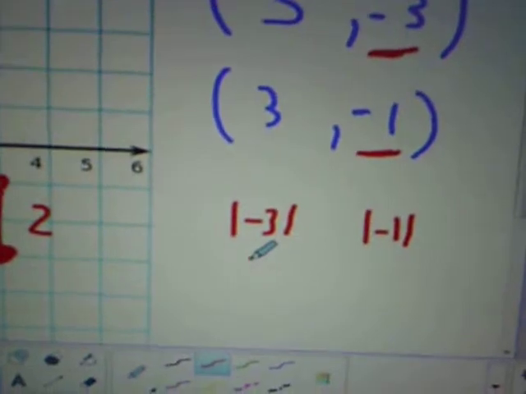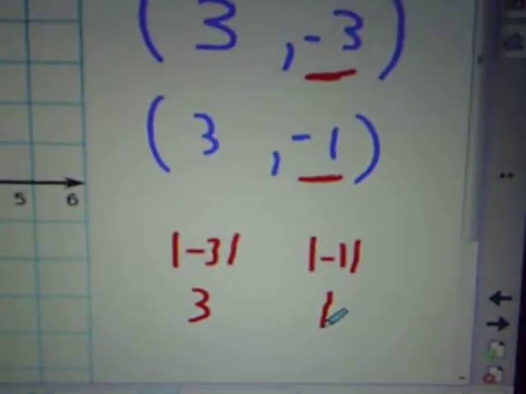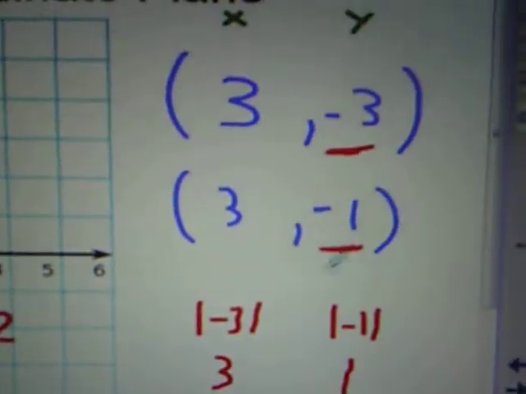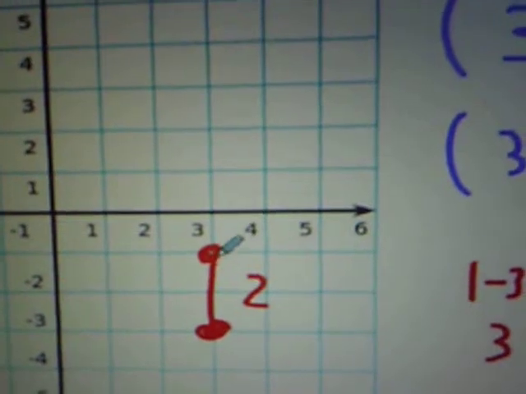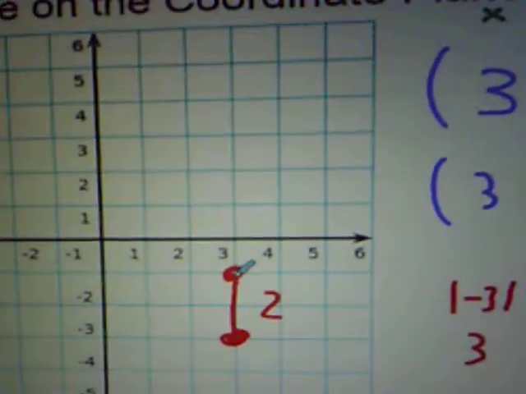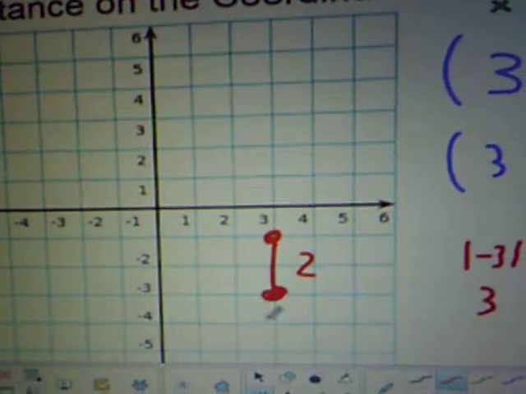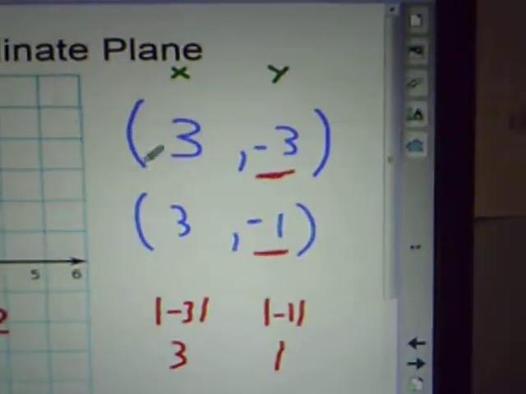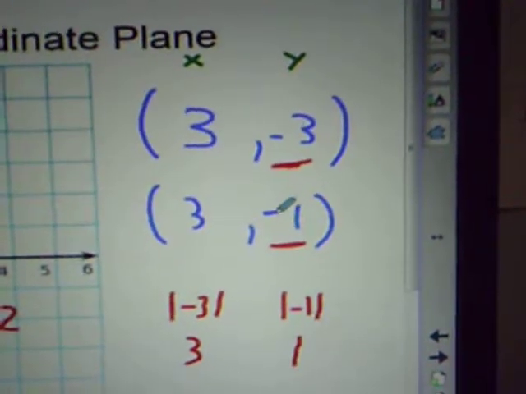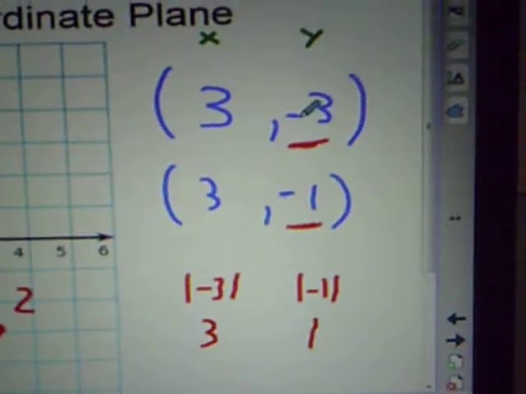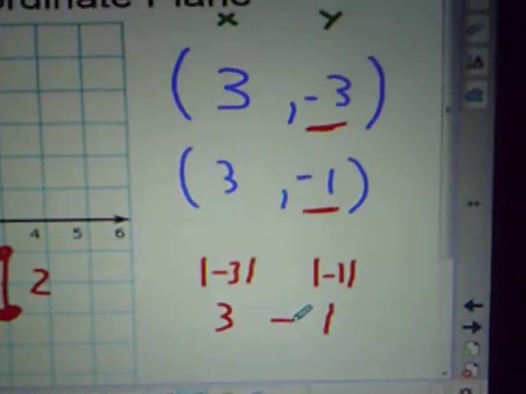Absolute value of -3 is +3. Absolute value of -1 is +1. But here is the difference. Since these points actually fall in the same quadrant, or the same little square section of the graph, you have to look. If these are both negative or both positive, you actually subtract the absolute values.